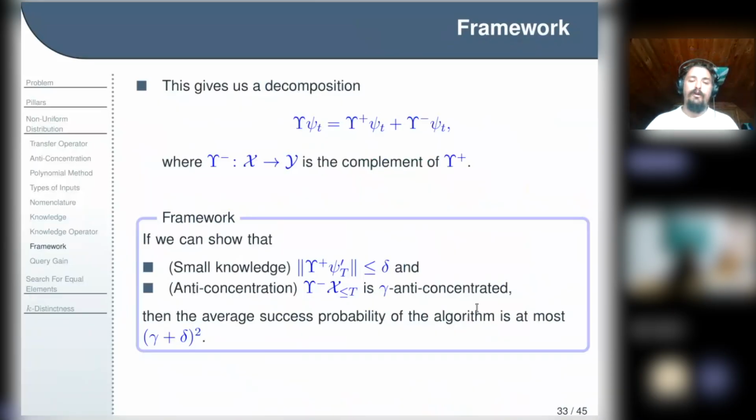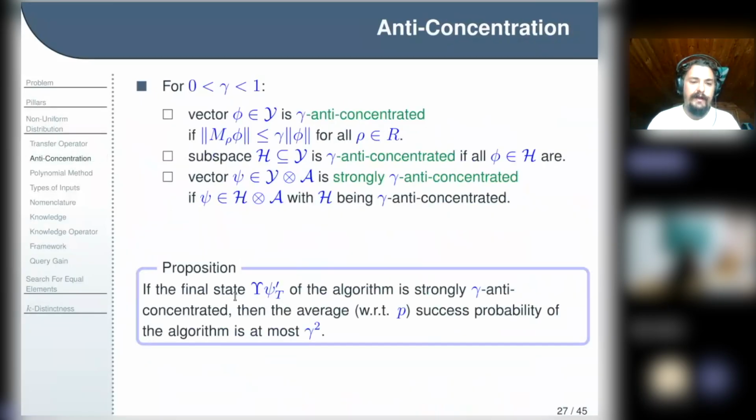The work now is similar to what I had previously. Let me go back to this anti-concentration slide, where I have this proposition on the success probability of the algorithm, assuming that the final state of the algorithm is strongly anti-concentrated. This is where I introduced anti-concentration previously.